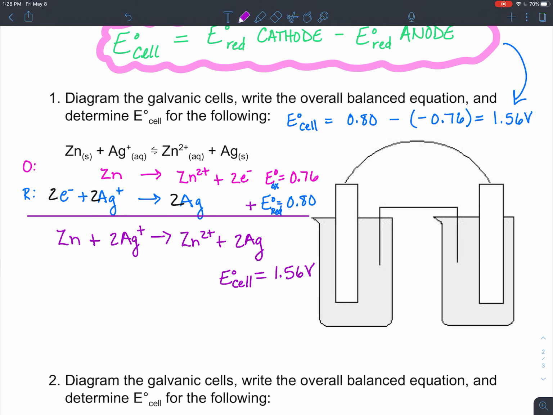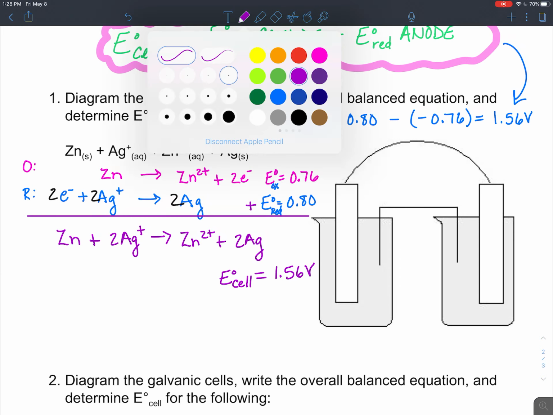Okay, so we said that the oxidation, so we have to then diagram this. So the oxidation half reaction is going to be at the anode and the reduction is going to be at the cathode.